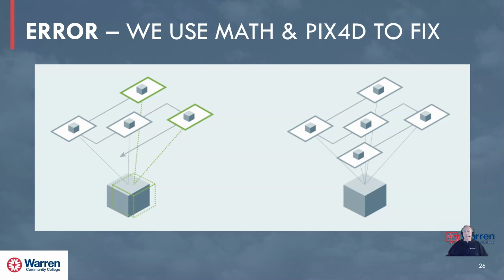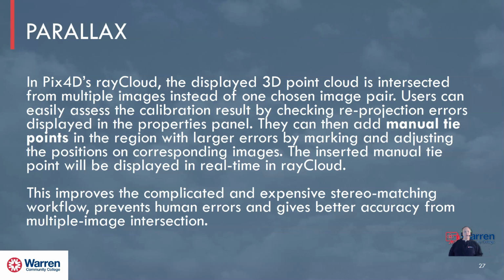And the level of distortion will really depend on a number of different factors of image acquisition that we're going to go over. But the great news is PIX4D has the algorithms in it to fix these errors, to adjust to more accurate 3D imaging. And there's other ways and other techniques that we'll talk about to fix these errors, or to at least minimize the error, if you will.